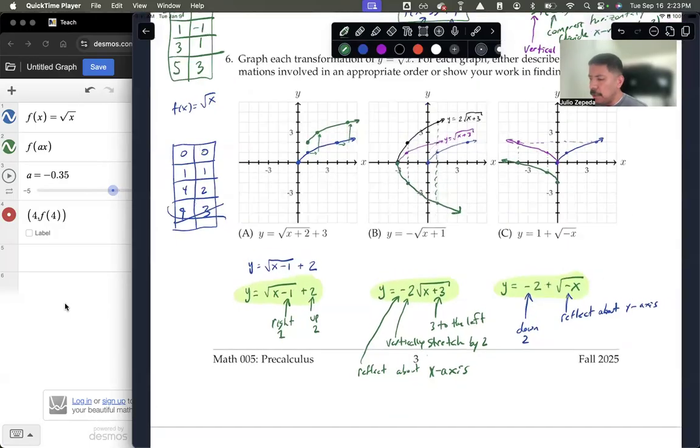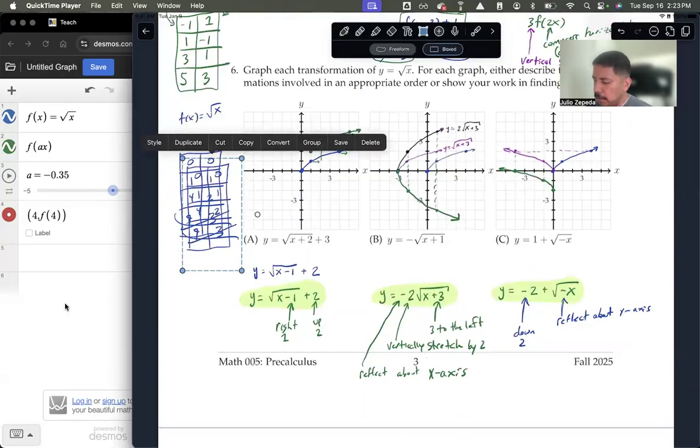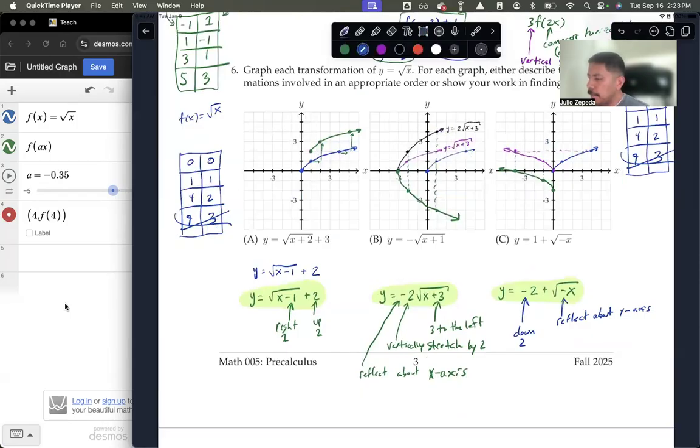If we know the parent function very well, so here are the x and y values of the parent function. Now, what's my transformed function going to look like?